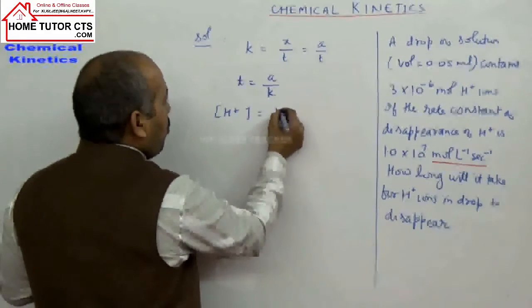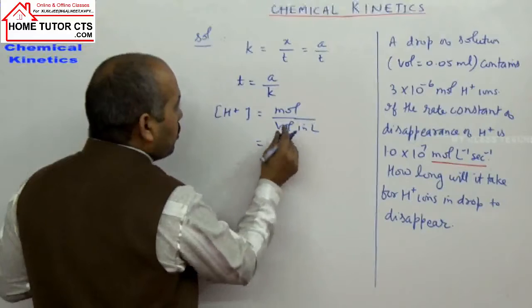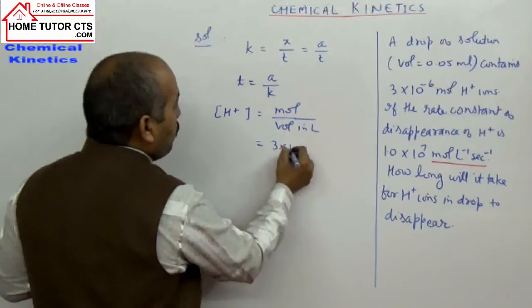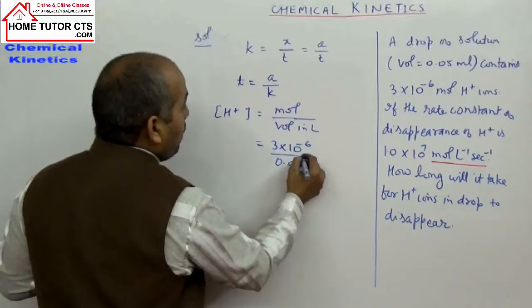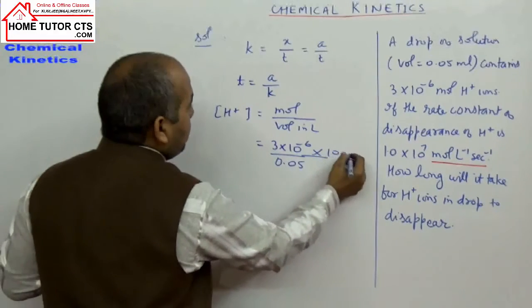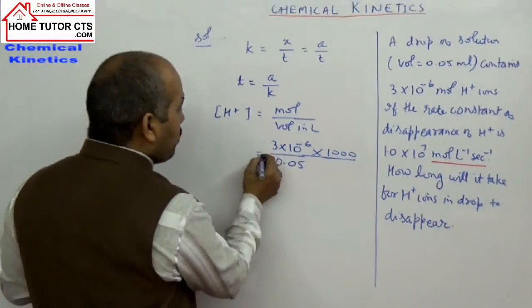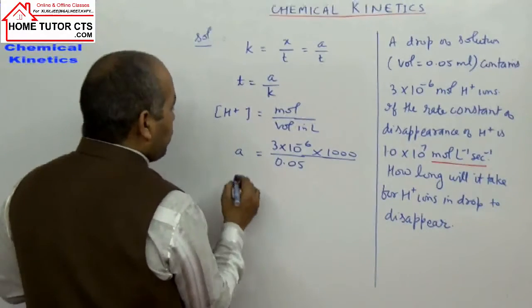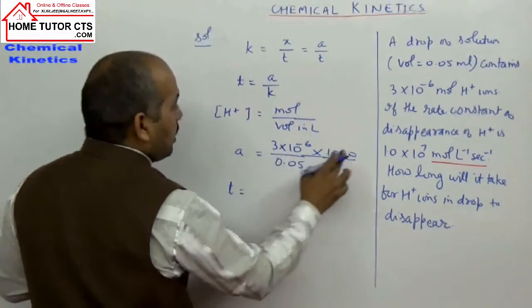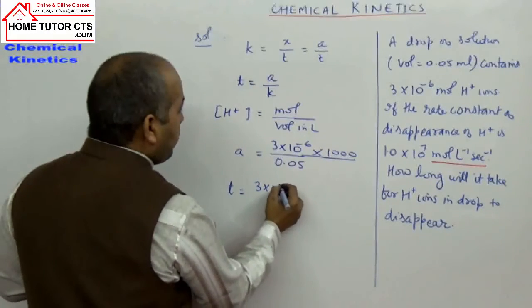How much will it come to? Moles by volume in liters. How many moles are given? 3 into 10 to power minus 6 moles. What is the volume in liters? 0.05 milliliter by 1000 becomes the volume in liters. So the concentration of hydrogen plus ions is taken as A. We have to find time, so how much will the time be? A is 3 into 10 to power minus 6.